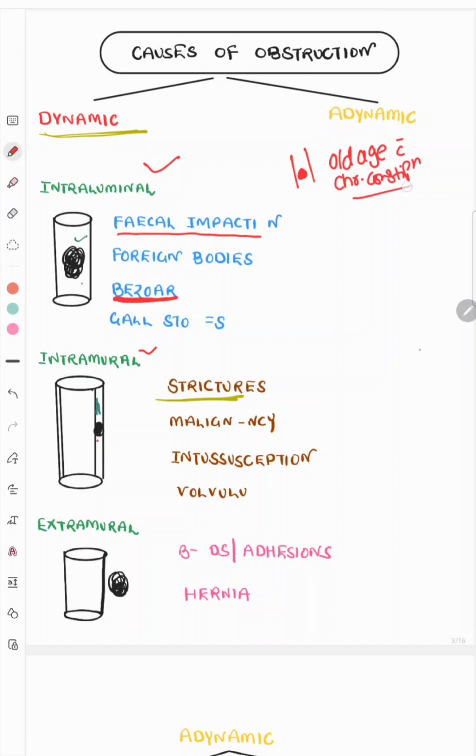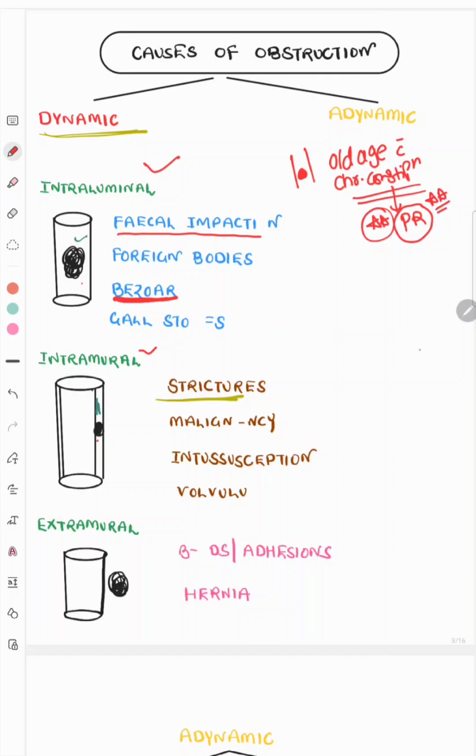constipation. These are the patients who present in OPD with bowel obstruction, in old age. So it is very important for the teacher or resident to do a PR in intestinal obstruction. That is the importance of PR.